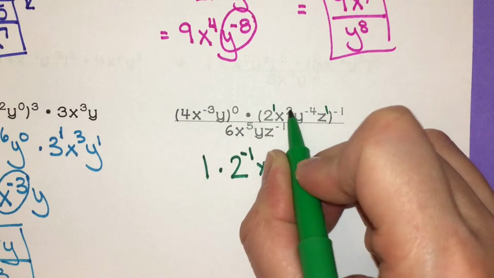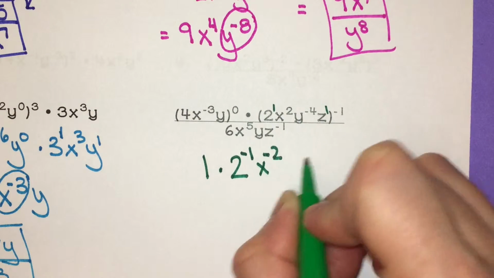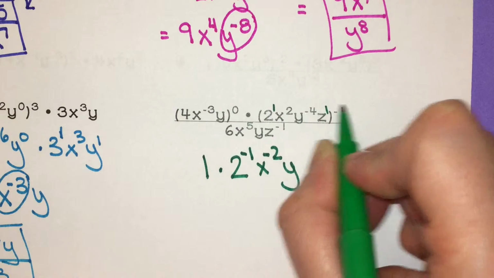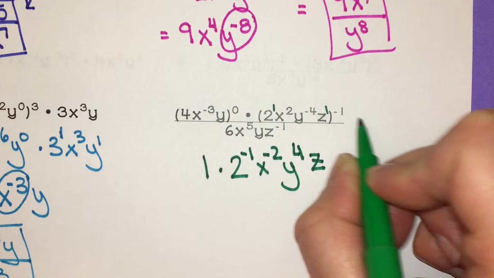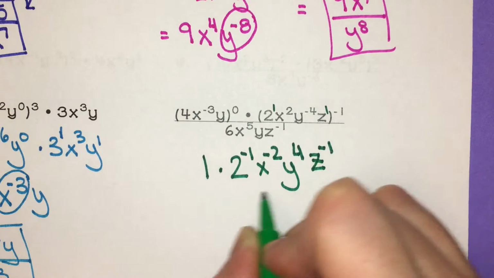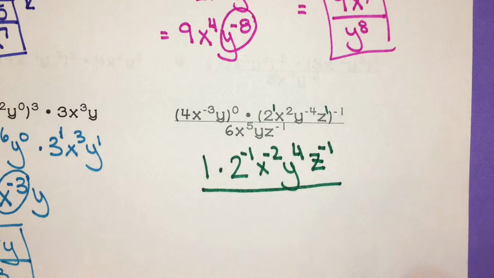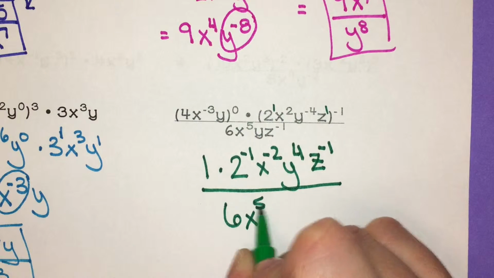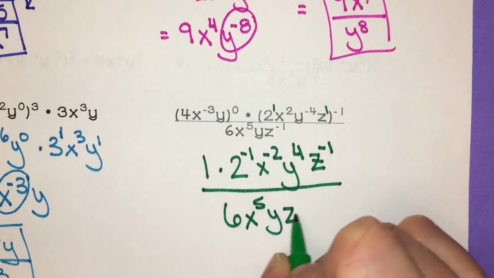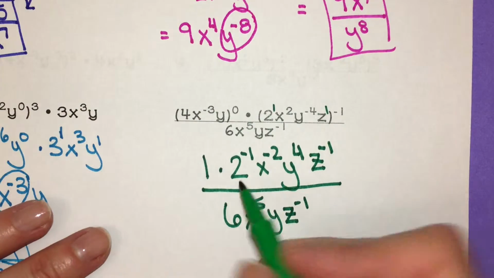X to the power of 2 times negative 1 is negative 2. y to the power of negative 4 times negative 1 is positive 4. And z to the power of 1 times negative 1 is negative 1. Over 6, x to the 5th, y, z to the negative 1st.